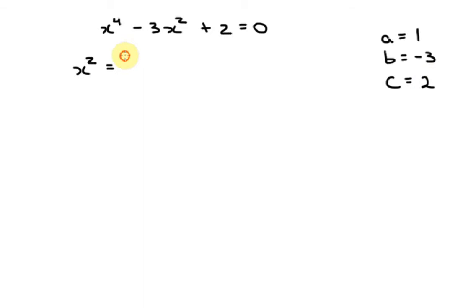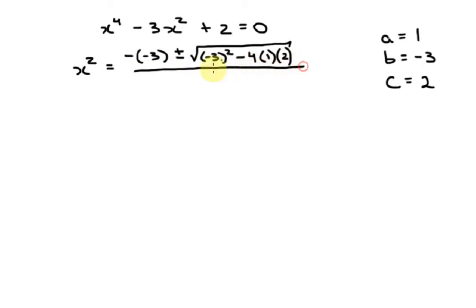So we're going to go ahead with negative b, so negative 3, plus or minus the square root of negative 3 squared, which of course becomes positive, minus 4 times a, which is 1, times c, which is 2, all over 2 times a, which is 2 times 1.